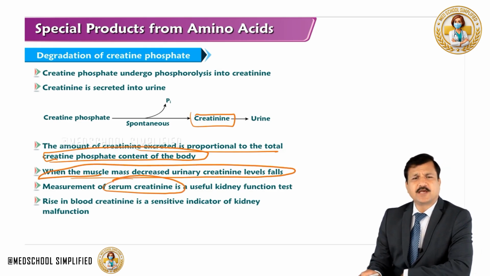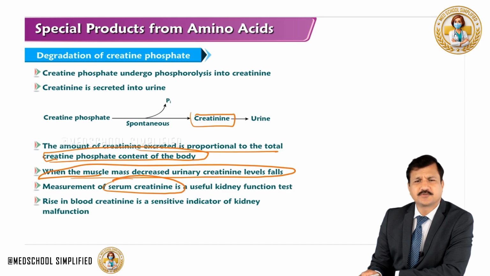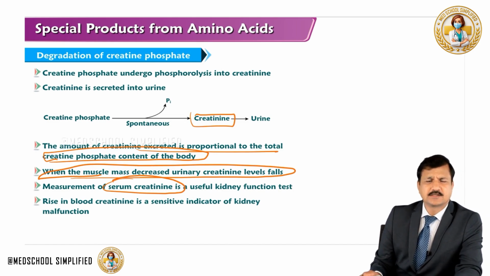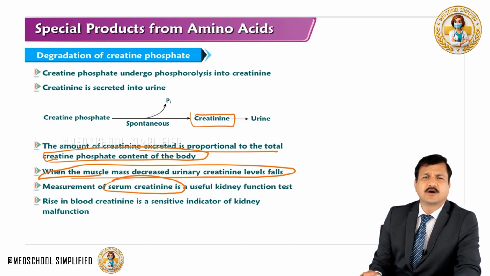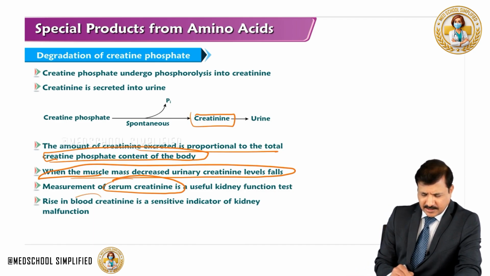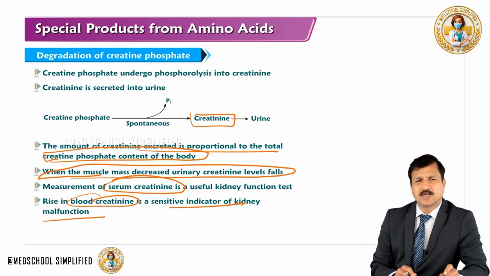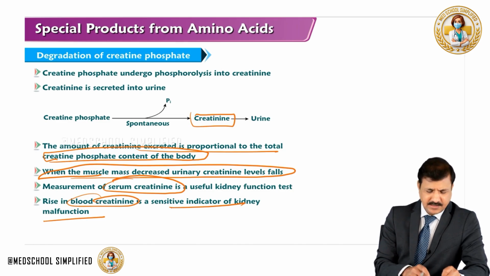So measurement of serum creatinine is useful as a kidney function test, because compared to urea, serum creatinine does not have a physiological variation. And the rise in blood creatinine is a sensitive indicator of kidney malfunction. So these are some of the points related to creatine phosphate.